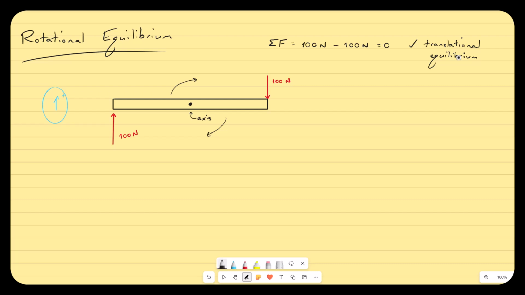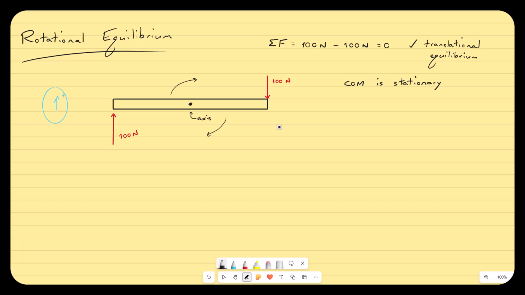The net force on this bar is 0, so there will be no acceleration of the center of mass of the system. Center of mass of the system is right here in the middle at the axis, so our center of mass is stationary, or at least inertial. If it was moving, it'll keep moving.